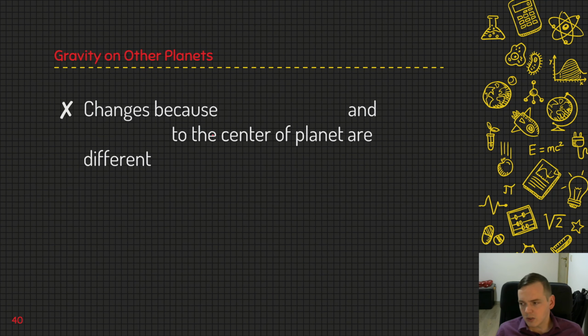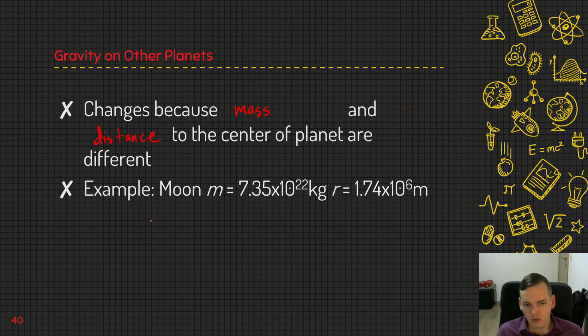So if we want to go to a different planet, then the force of gravity will change because the mass and the distance to the center of the planet will be different. So if you're standing on a different planet, the radius is different, the mass is different, so the gravitational force is different. For example, if we wanted to find our Fg equals mg, but for the moon, we can do that here.